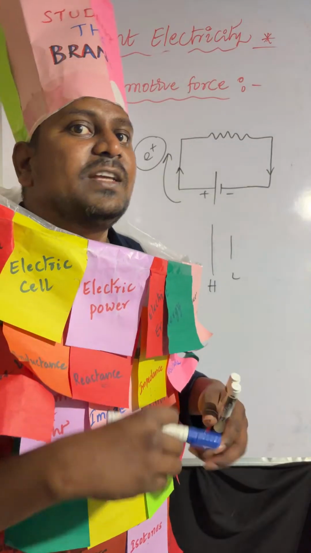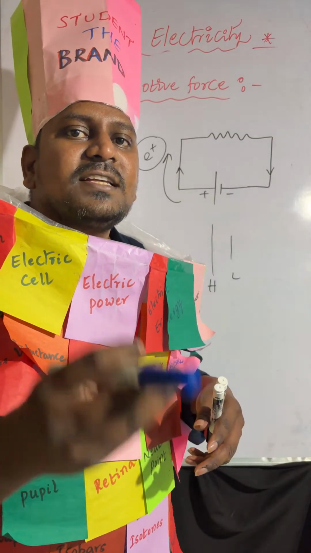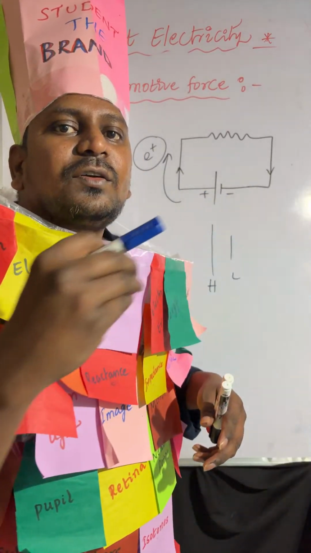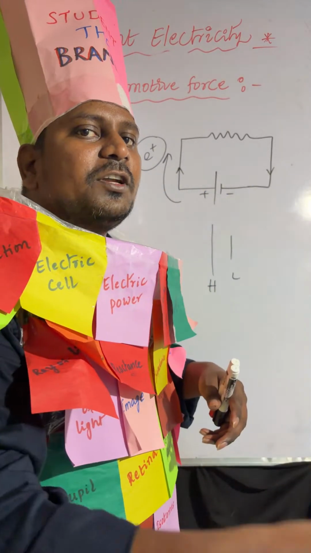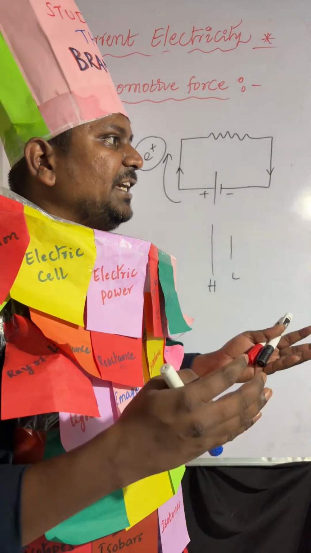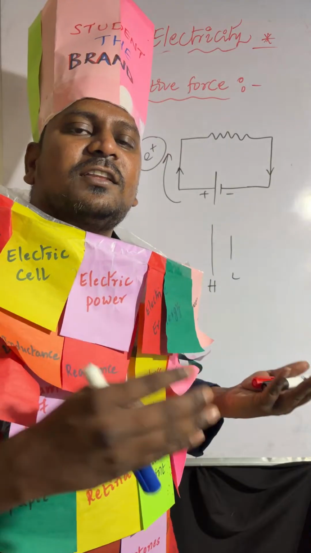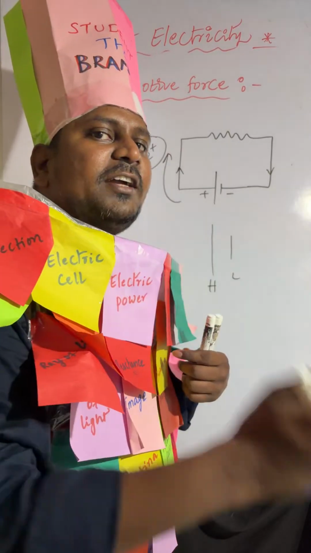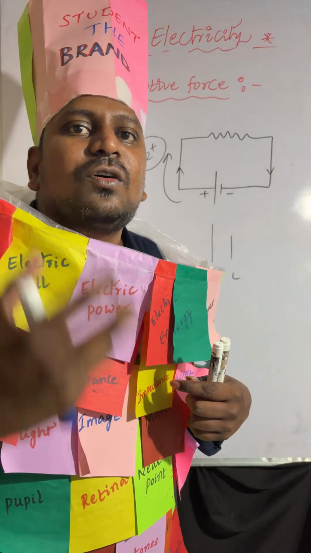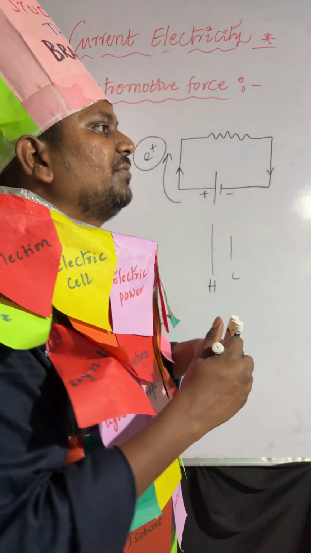So there is an influence. The influence making the positive charge move from negative terminal to positive terminal, low potential to high potential. The force responsible for the movement of positive charge from negative terminal to positive terminal is called electromotive force, EMF.